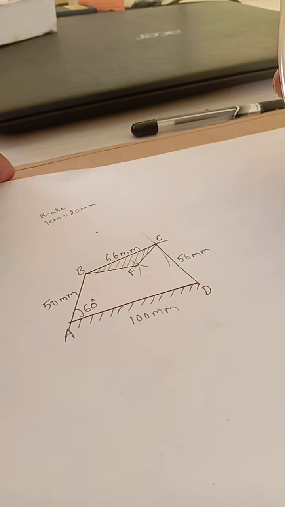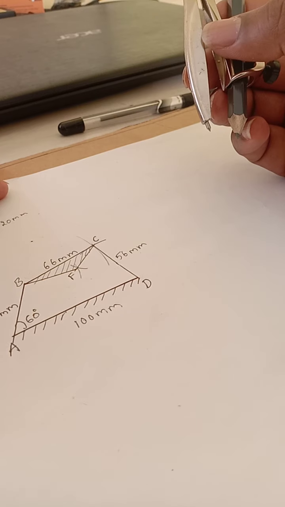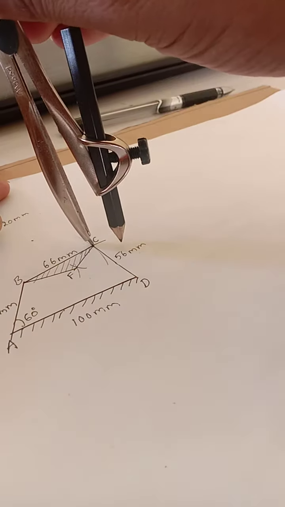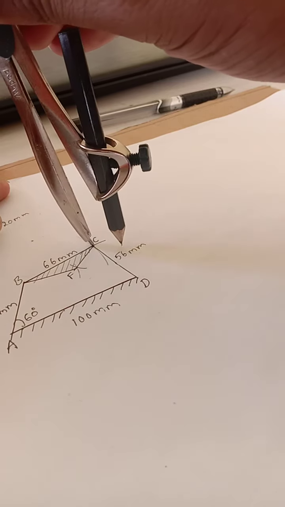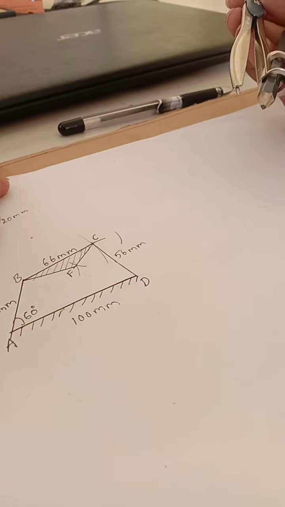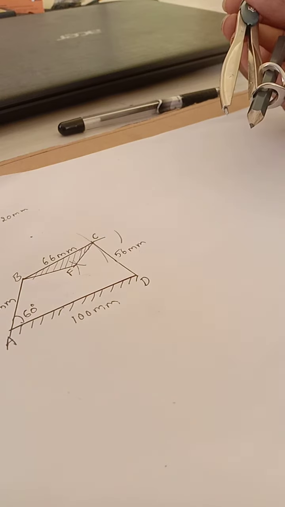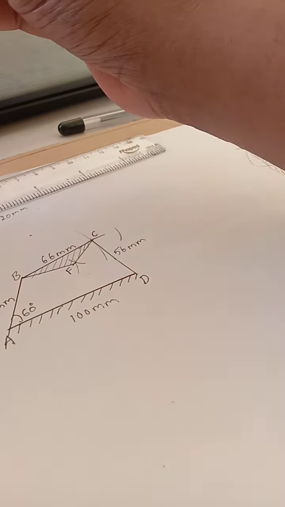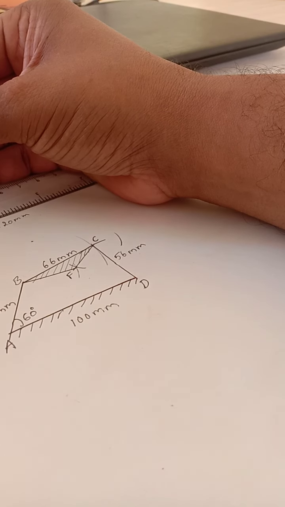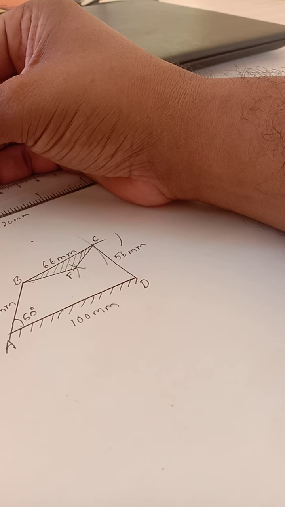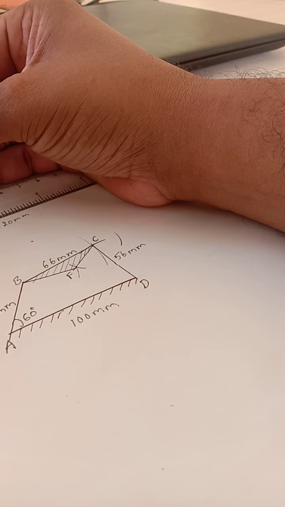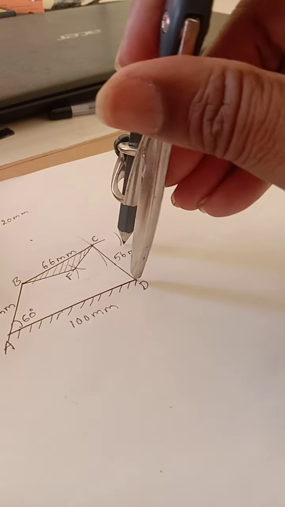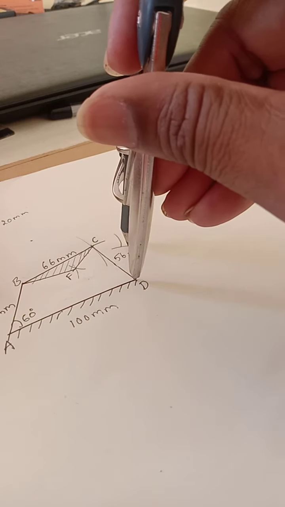Therefore I am taking CG, reduced to 1:2 scale, and cutting the arc. Next, DG is equal to 44 mm. That means I have to take 22 mm from D, and again I am cutting the arc.